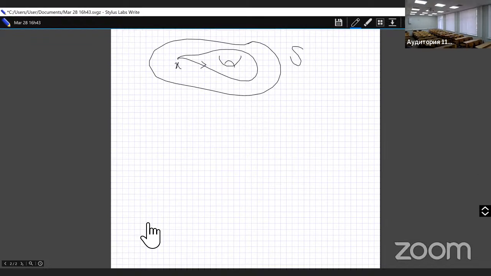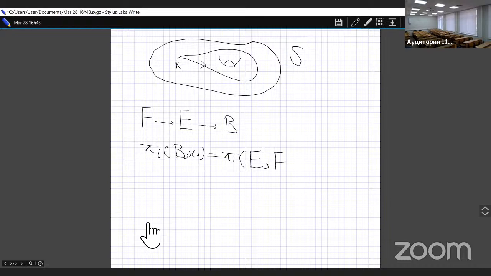For any fibration F to E over B, we know that pi i of B is the same as pi i of E relative to the fiber over X. And we can just say this fiber is F.